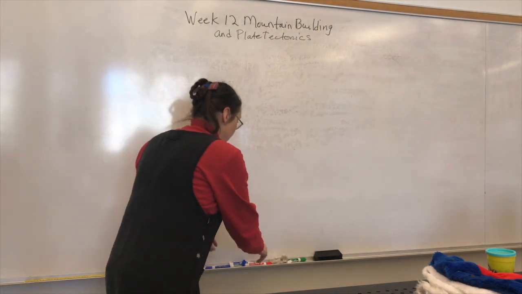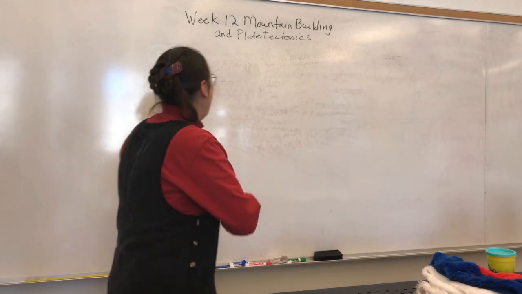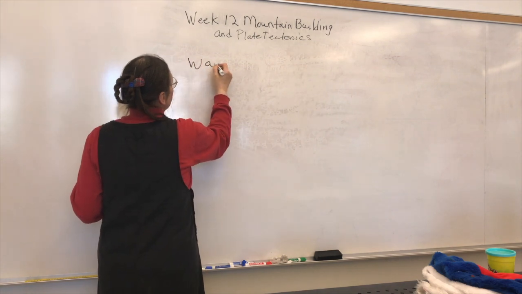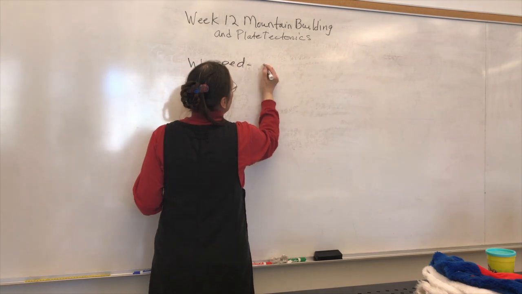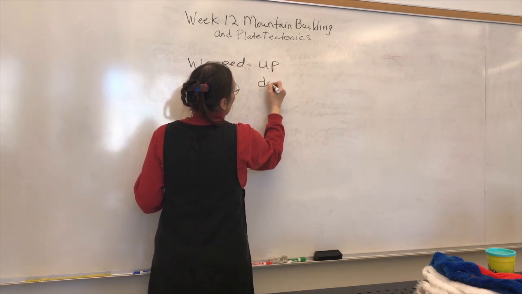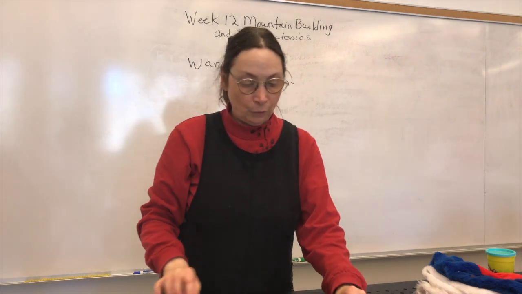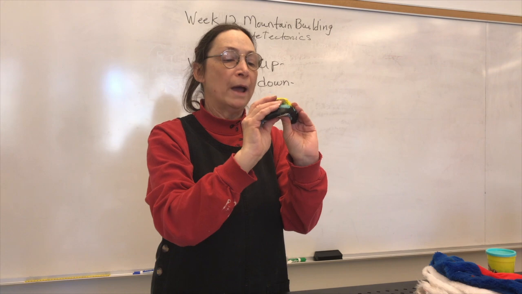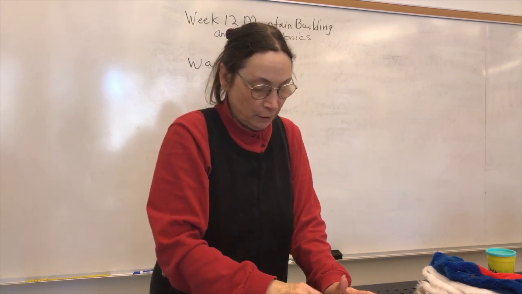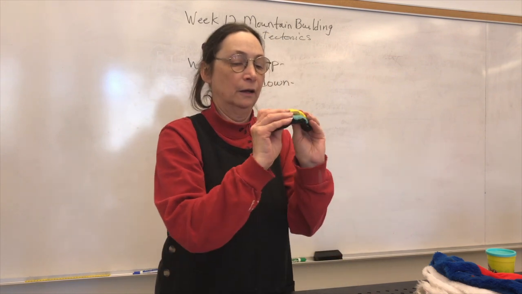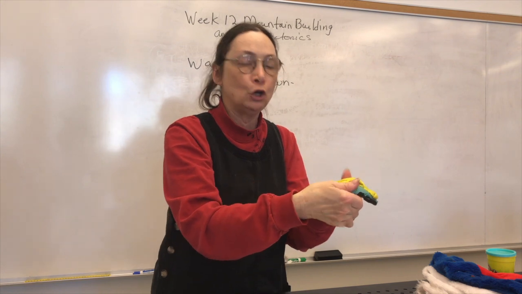So, the first types of mountains you're going to form are warped, and you can either have upwarps or downwarps. Applying pressure directly underneath your layers, you notice what happens, you start to form a dome.